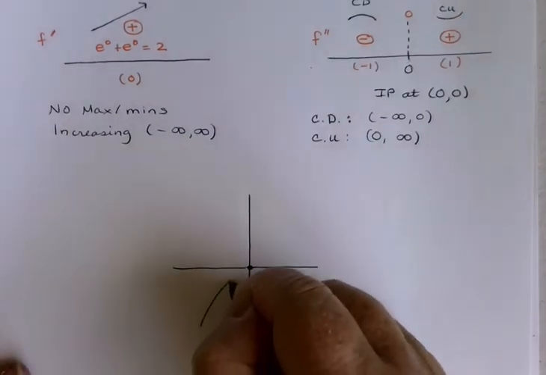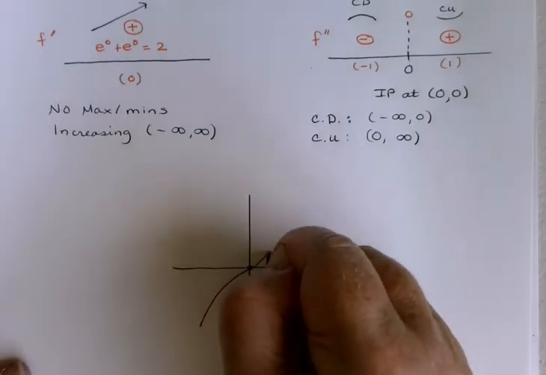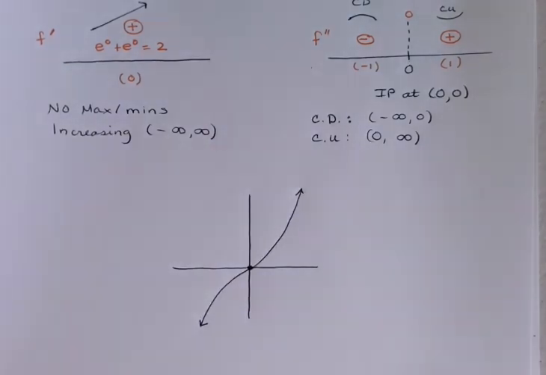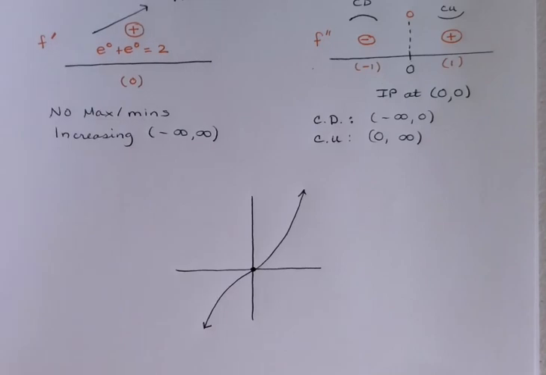So concave down coming into 0, 0, concave up going out. Notice because there were no critical values for the first derivative, I didn't try to make a horizontal tangent line this time at 0, 0. There is no place where that derivative is 0, so I shouldn't have one. So that's about the best I can do with the information that I've been given.